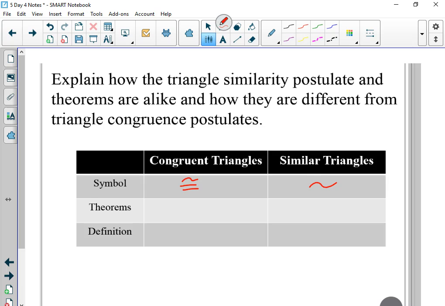The rules we use are SSS, SAS, ASA, AAS, and HL. What we've learned today are SAS, SSS, and AA.